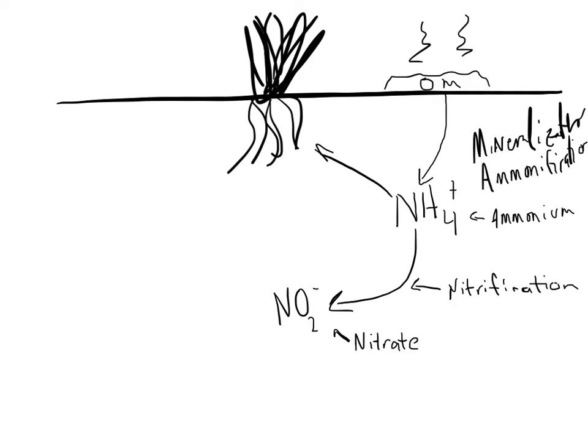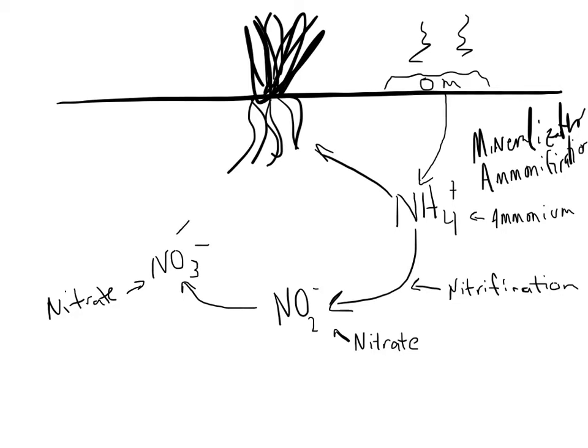Okay, nitrification. Now, nitrification is going to extend from going from ammonium to nitrite, and then we're going to go on one step further here, and we're going to go to nitrate, NO3-. Okay, nitrate. Okay.